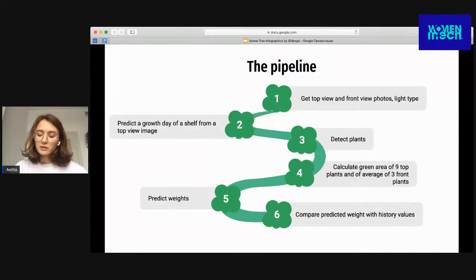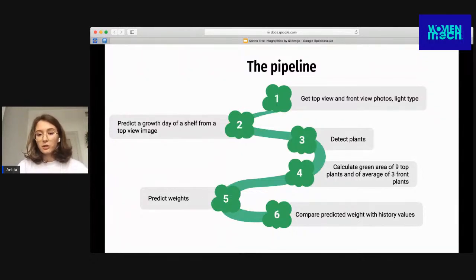As you have seen in the pictures, it is hard to make a correspondence between each plant from front and top view because not all plants are visible. Therefore, we use the front view image as an extra feature.